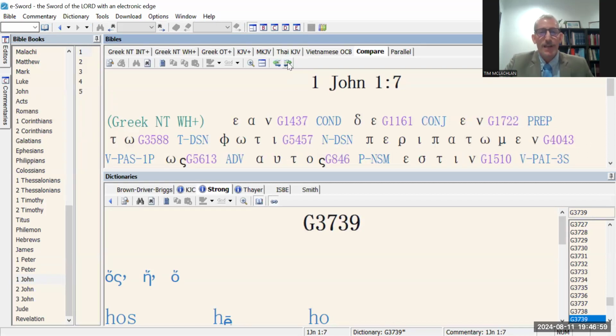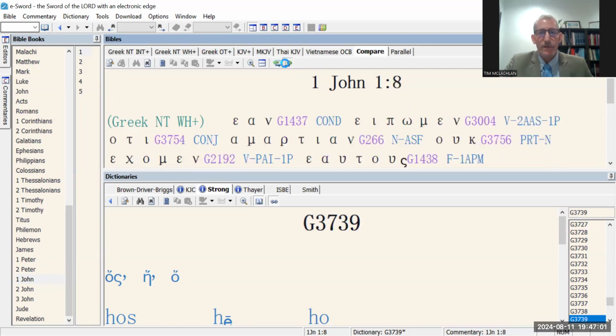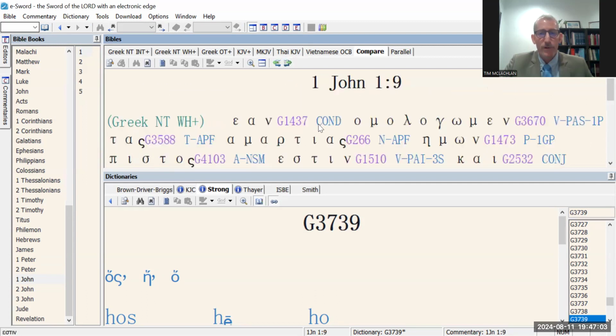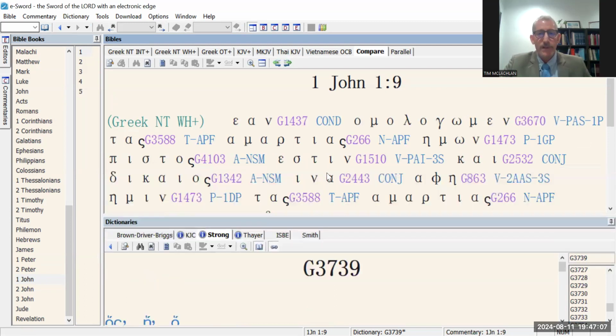But usually, if you're looking through your lexicons, it might actually tell you if it breaks down the word. See, 1 John 1:9, you might have done studies in Greek on this word before. We have the word hamartia, and hama, or actually armor, means to miss the mark. So you can probably see traces of the alpha privative.